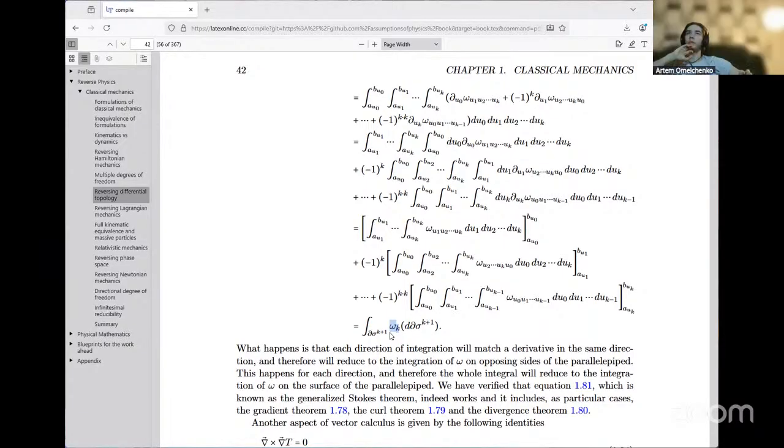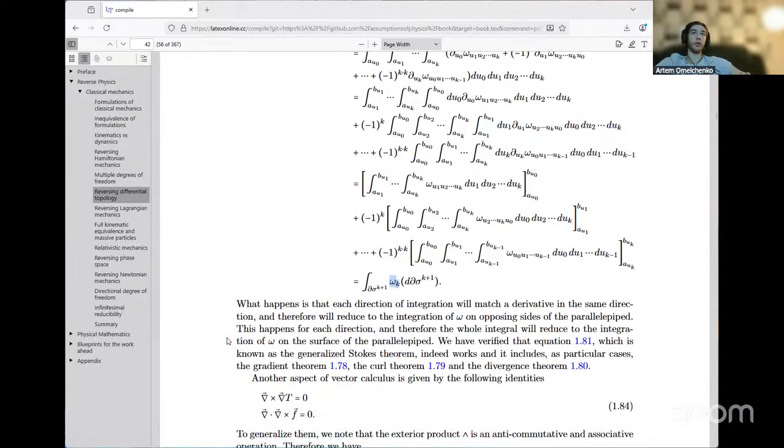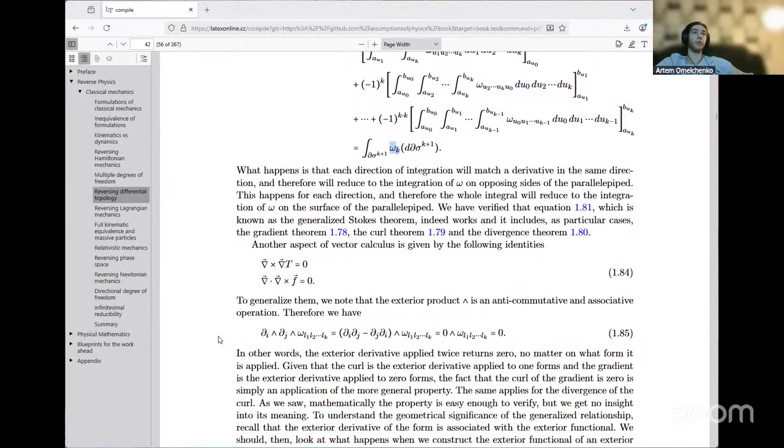Each direction of integration will match a derivative in the same direction, and therefore will reduce to the integrations of omega on opposing sides of the parallelepiped. This happens for each direction, and therefore the whole integral will reduce to the integration of omega on the surface of the parallelepiped.